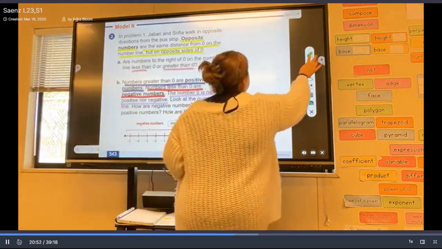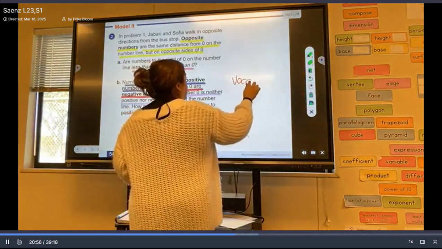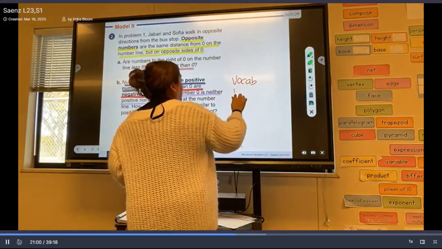When you're writing this, I want you to use vocab words that we've already underlined on this page. I want you to use keywords.